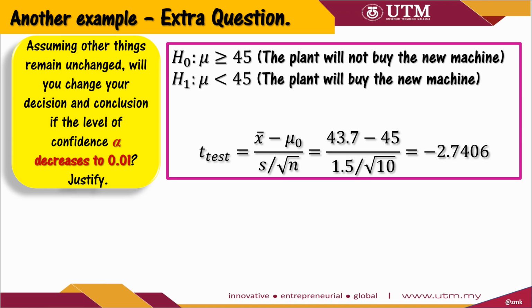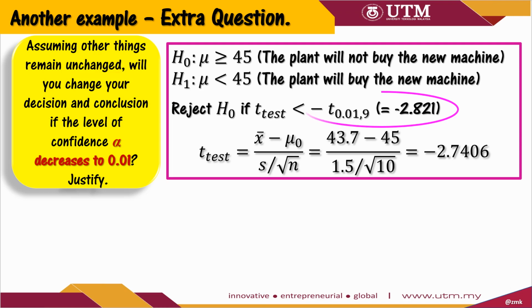However, the critical value in the decision rule or rejection criterion will change because now the alpha value has decreased to 0.01. Therefore, the new decision rule will be reject H0 if t-test is less than negative t0.01,9, which is negative 2.821.